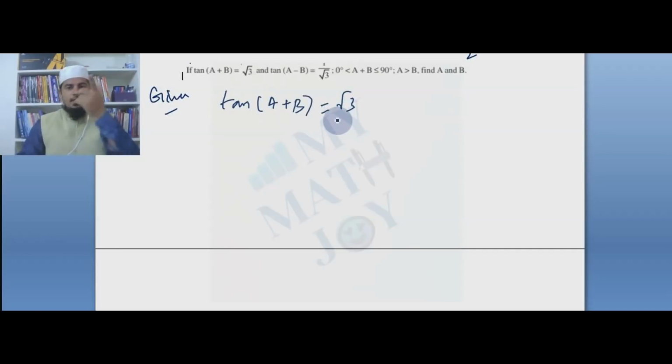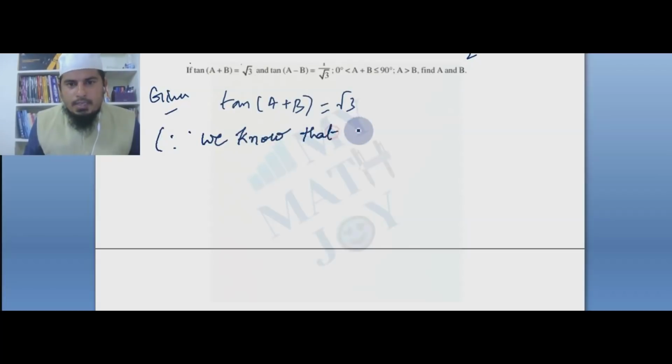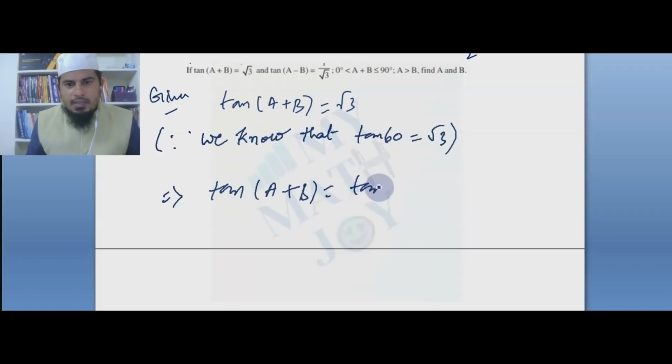So tan 60 gives root 3, yes or no? We know that tan 60 is equal to root 3. That implies I can write tan of a plus b is equal to tan 60, or a plus b should be 60 degrees.